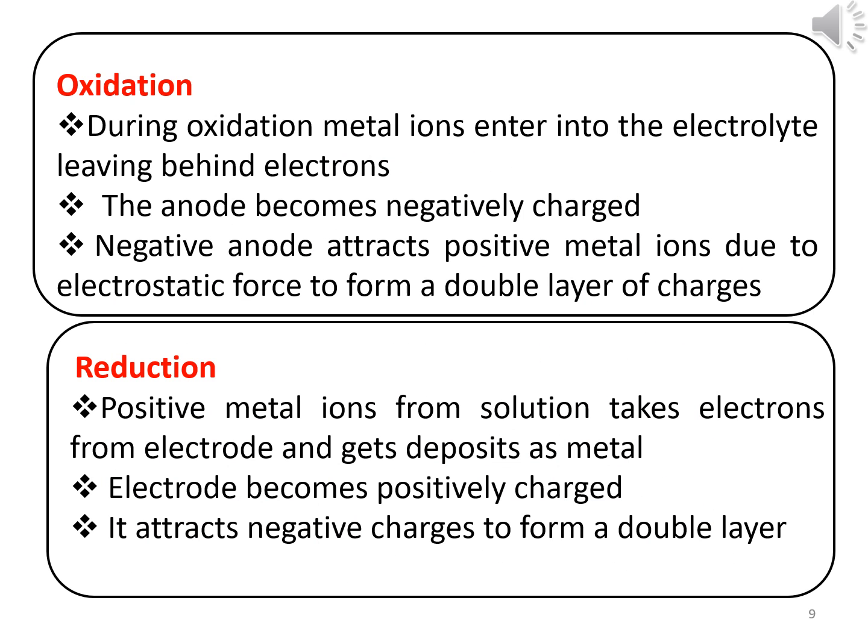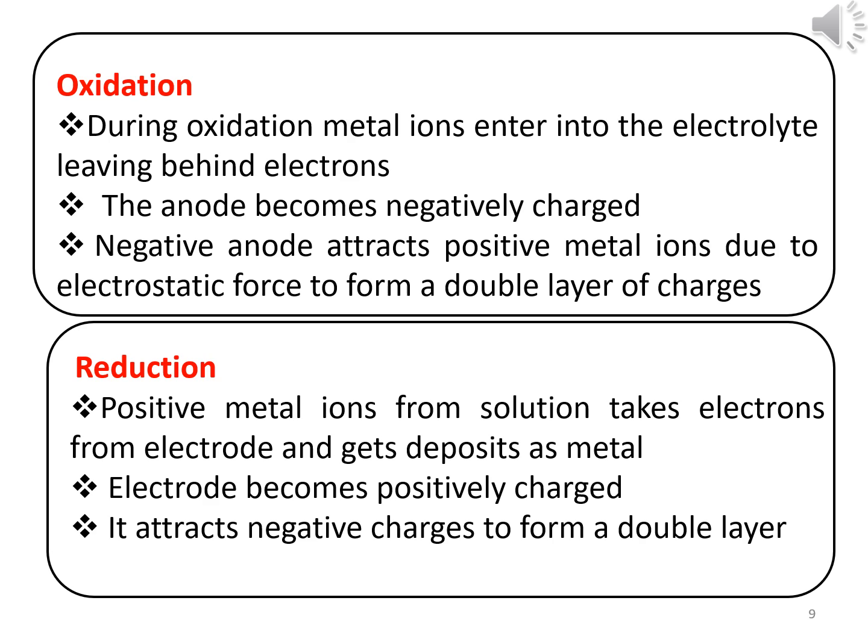During oxidation, metal ions enter into the electrolyte, leaving behind electrons on the electrode surface itself. Because of the presence of these negatively charged electrons, the anode gets a negative charge.